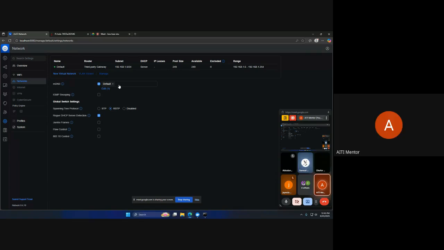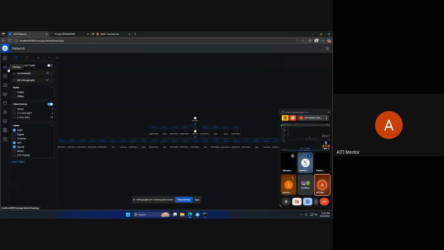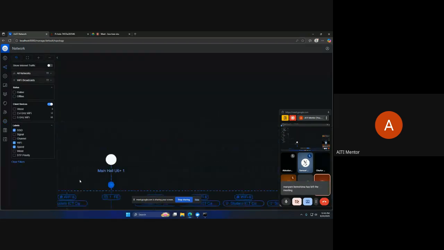Okay, so an example of a private IP is this 192.168, which is just available in a particular network. Now, let's take it from the level of the internet itself. If this was Starlink, Starlink will give us a public IP.